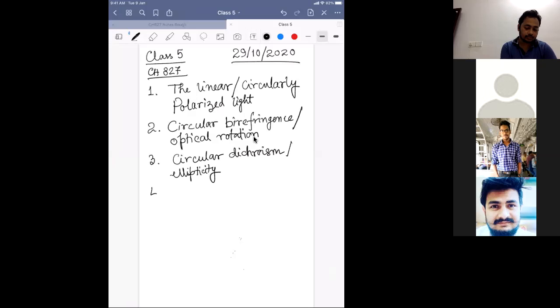And then the fourth one we have covered is the molecular picture, or the molecular reason for optical activity, or in this term CD, the circular dichroism: why the molecule absorbs both of them differently. And the fifth one, how to represent this optical rotation and ellipticity.